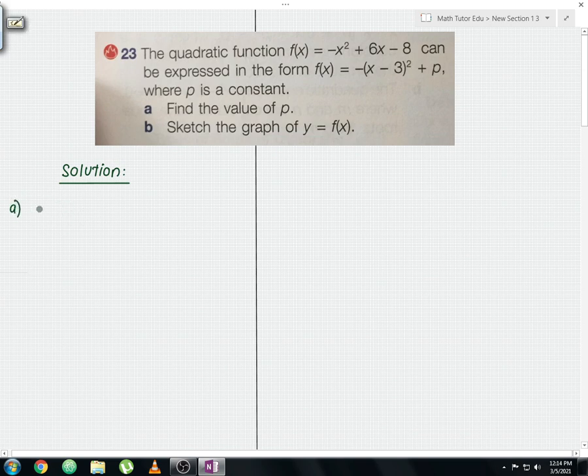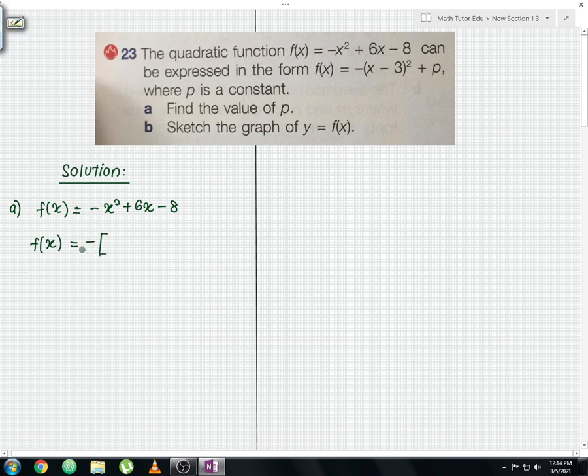So from here, you write the f(x) function over here, which equals negative x squared plus 6x minus 8. Since your coefficient of a is not equal to 1, in this case you divide the whole quadratic function by negative 1. So you factor out the negative.